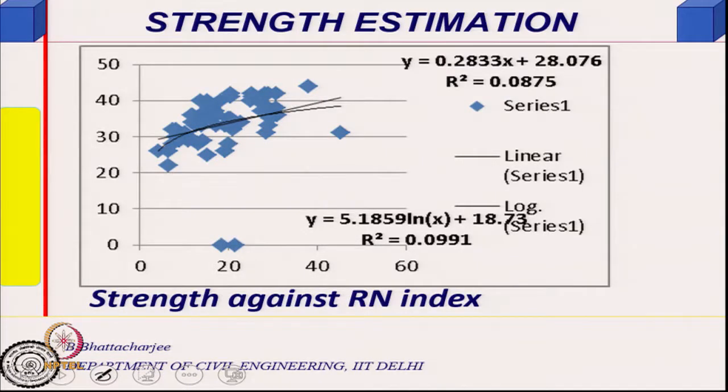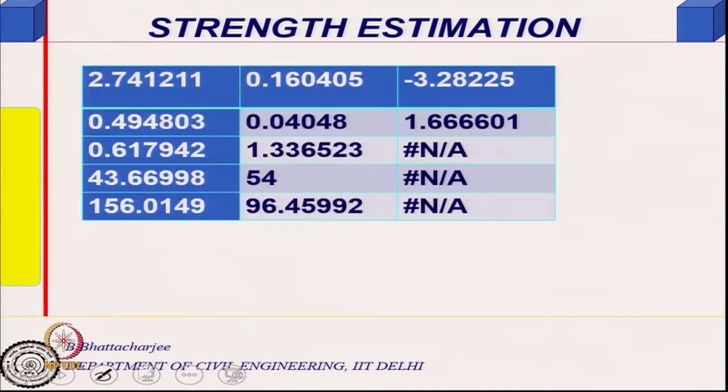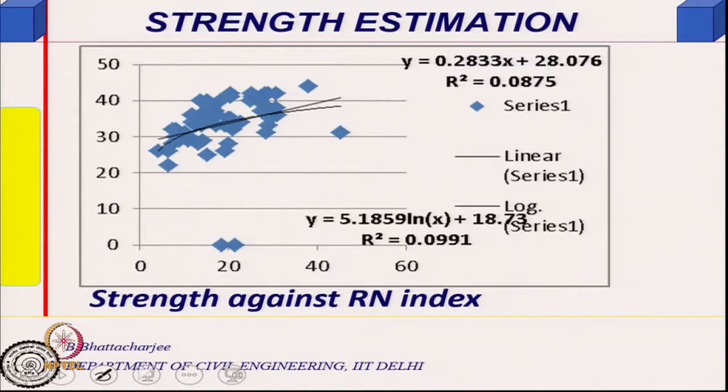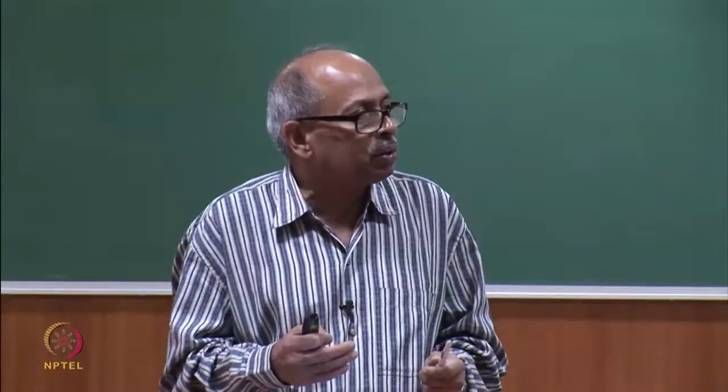This was neither fitting very well, but then we did something, a multiple correlation. See, this was single; if I was using the single rebound number index I was not getting a good curve, but I had data available for both rebound number and ultrasonic pulse velocity.